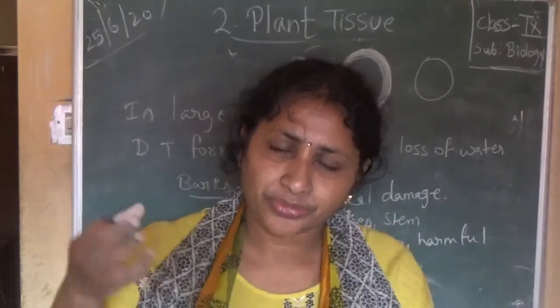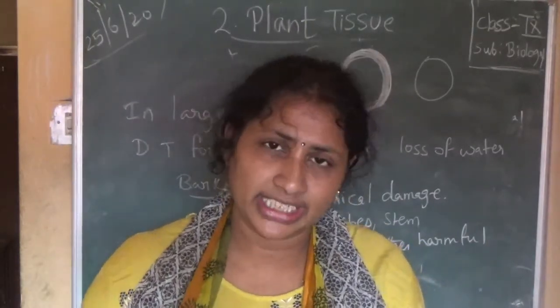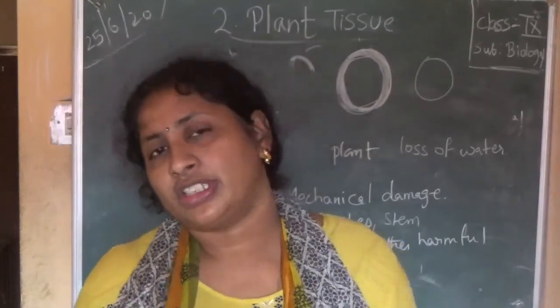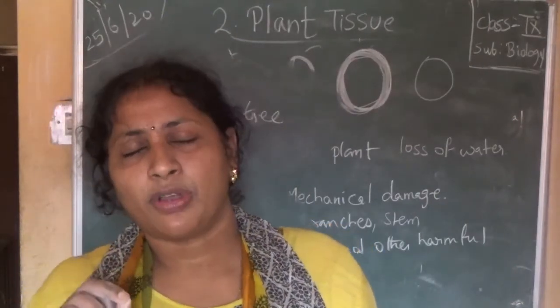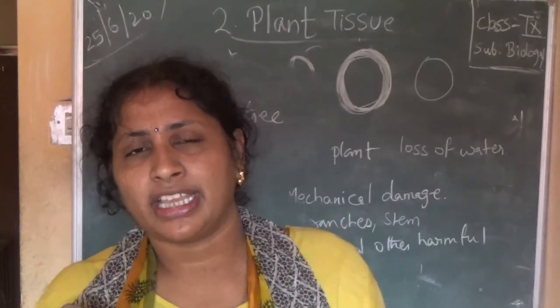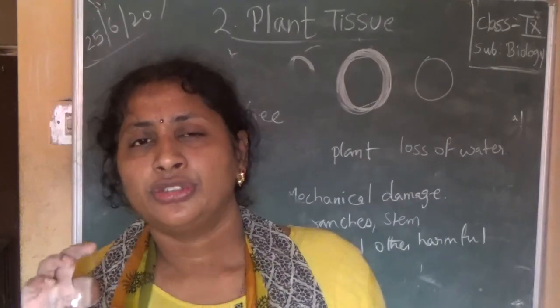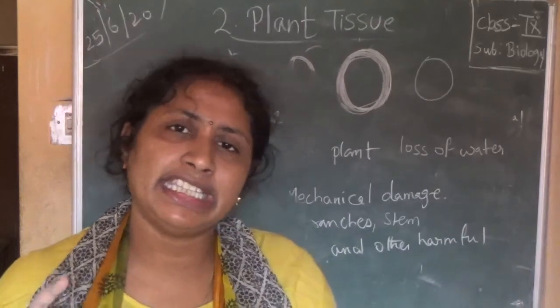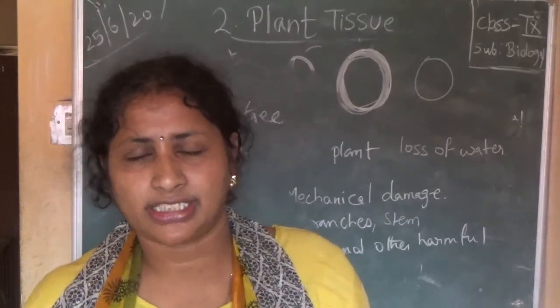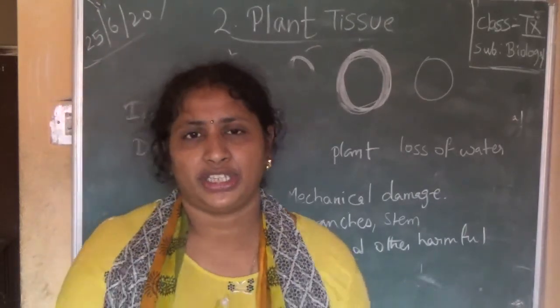That's why the root absorbs water and gives it to the leaf. Water is mostly present in the leaves, and to avoid water loss, leaves have small openings. Those small openings are nothing but stomata. So these openings should be protected carefully. They are protected by two kidney shaped cells called guard cells. Okay, this is about dermal tissue. Okay, thank you.